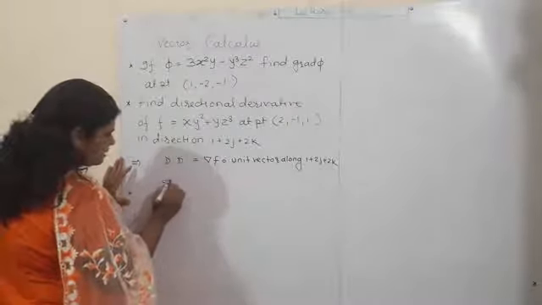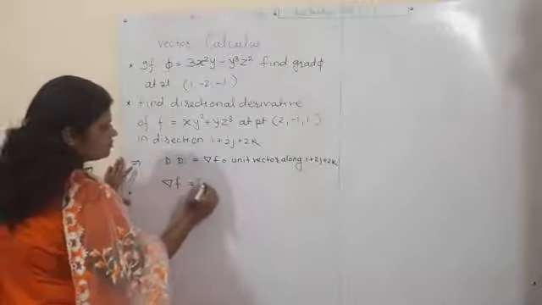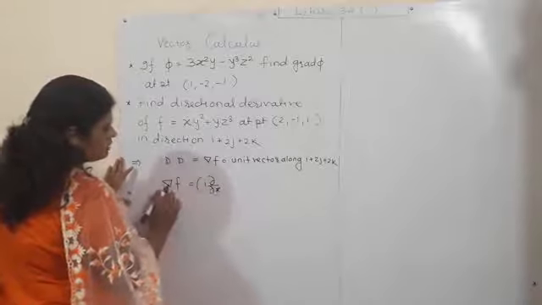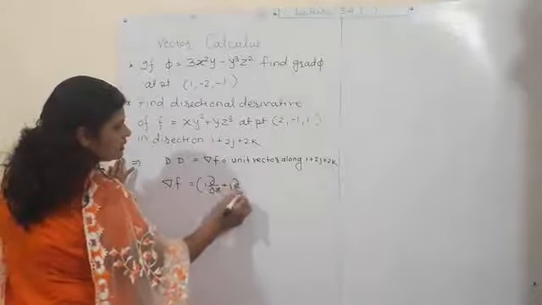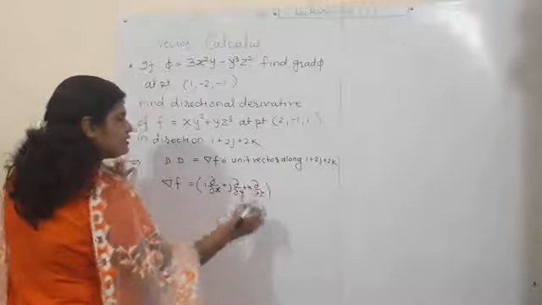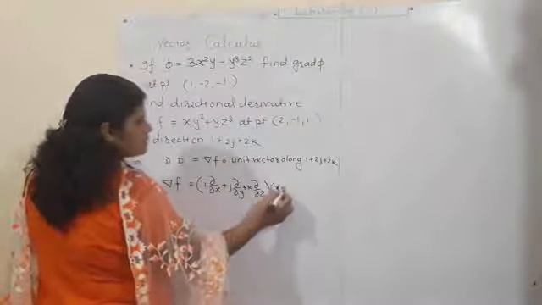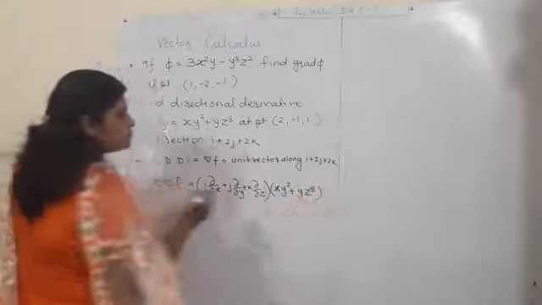So we write again here grad f equals, we write the value of del: i del by del x, j del by del y plus k del by del z, and here is f, that is x y square plus y z cube.